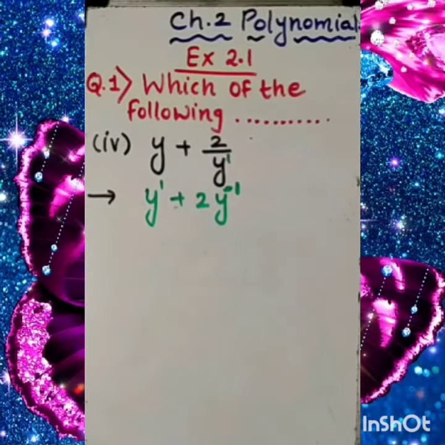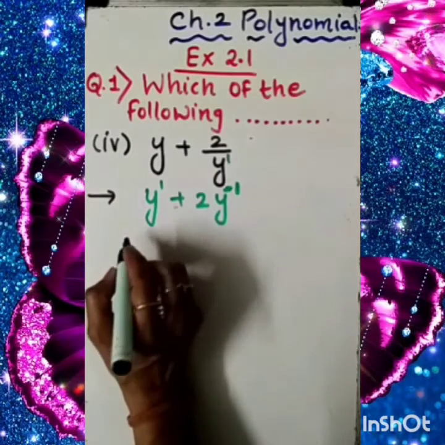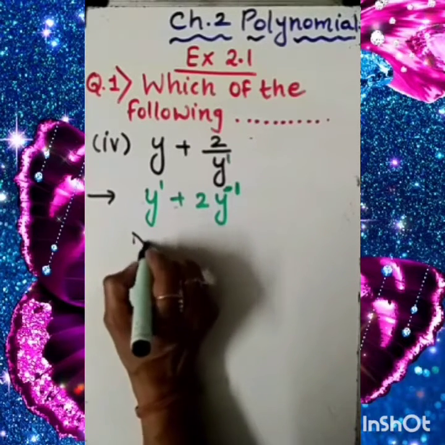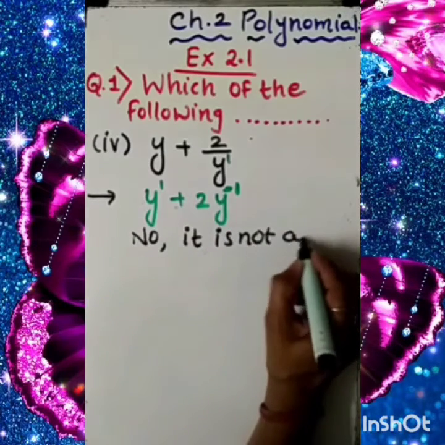The condition for a polynomial says the power must not be a negative number. It must be a natural number, meaning 1, 2, 3, 4, 5, 6 and so on. Clear? Because of the negative power of this variable, we can say no, it is not a polynomial.